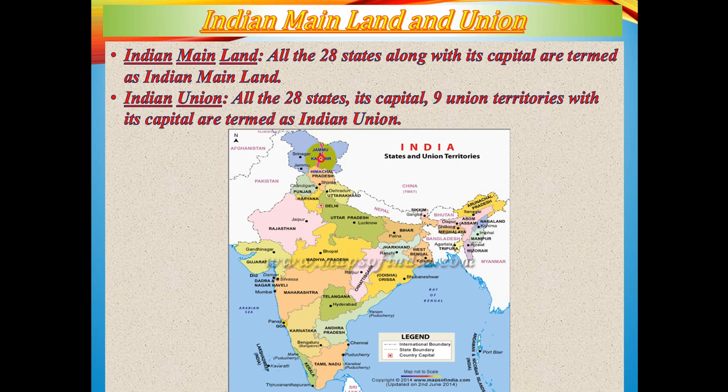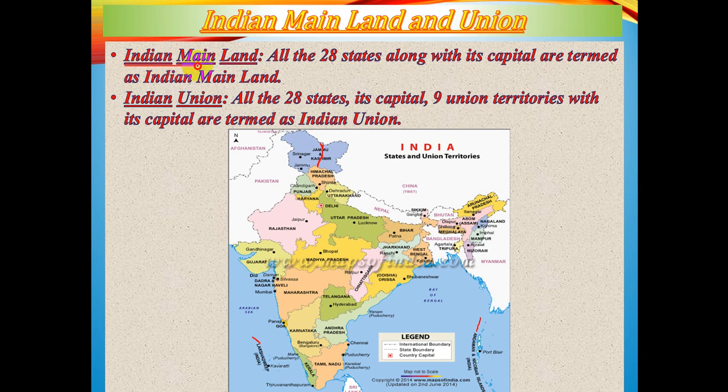Let me say one more thing about the Indian Union specifically. When we are talking about the latitudinal and longitudinal extent and we exclude both the island groups, that is Lakshadweep and Andaman Nicobar, then we are calculating the extent for the Indian mainland.